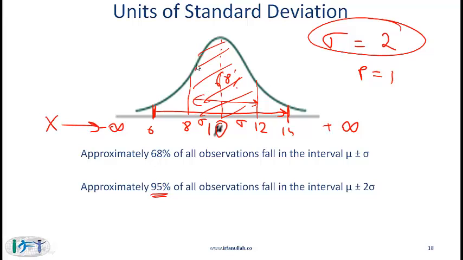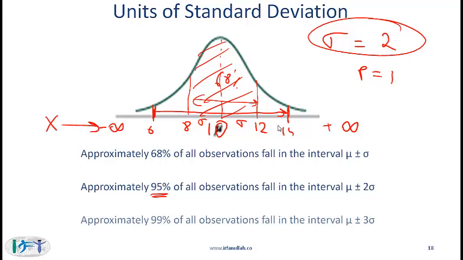And this is also fairly obvious looking at the picture: if you have 100% of the data between minus infinity and plus infinity, then 95% of the data is covered if we go from 6, which is 2 standard deviations to the left of the mean, till 14, which is 2 standard deviations to the right of the mean. And finally, for this slide, approximately 99% of all data will fall within 3 standard deviations of the mean.